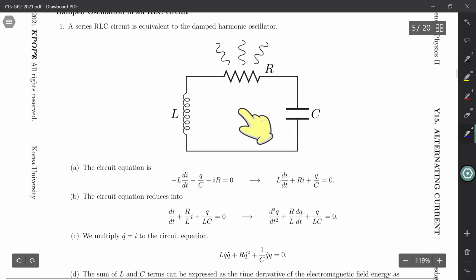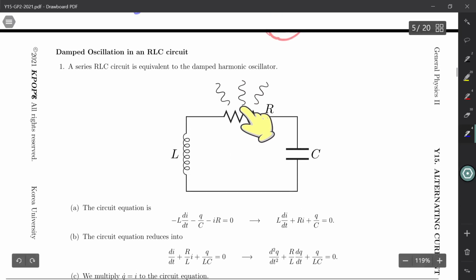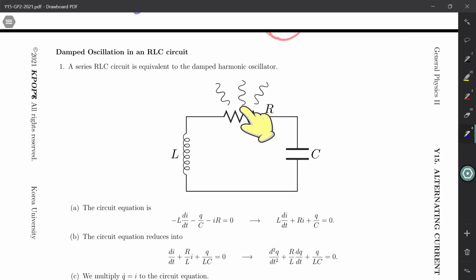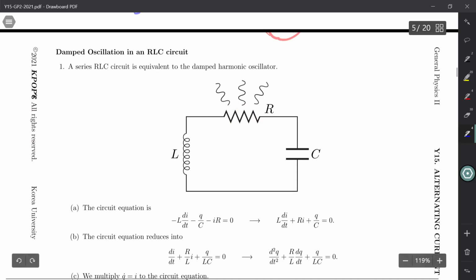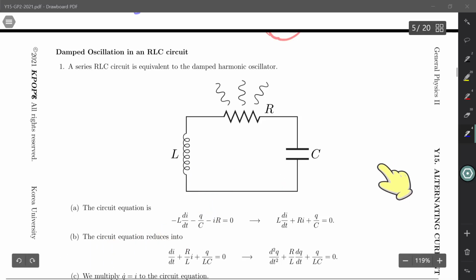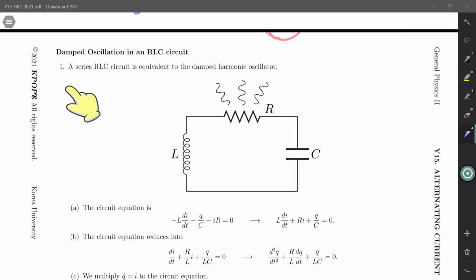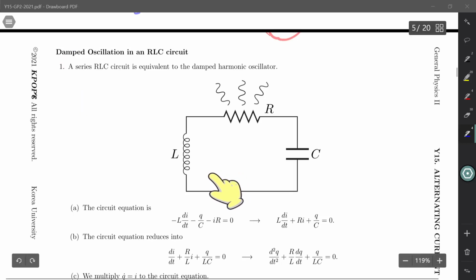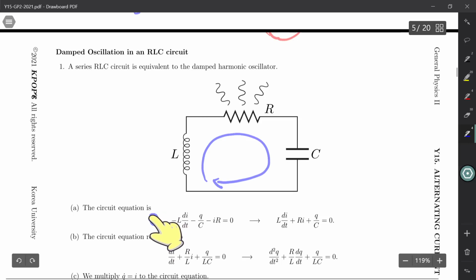Next, we consider damped oscillation in an RLC circuit. In an RLC circuit, according to the loop rule, because there is no EMF, the potential shift due to the EMF is vanishing.